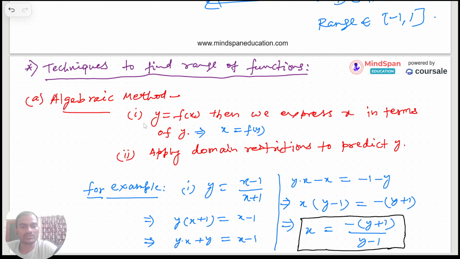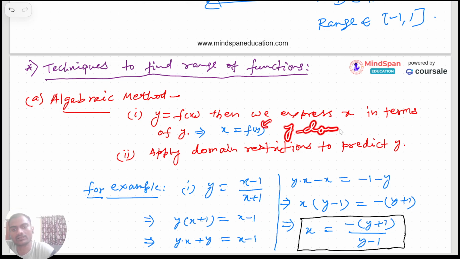Okay, so what we do is first, suppose this is our function y equal to f(x). Suppose this is our function definition. Then we express this in such a way that this expression becomes x equal to f(y). We apply all the algebraic method that are available and we express x in terms of y. Now this becomes another type of function where this x becomes expression of y. Now if you forget about this original function for a moment, then for this particular function, y is domain, right?